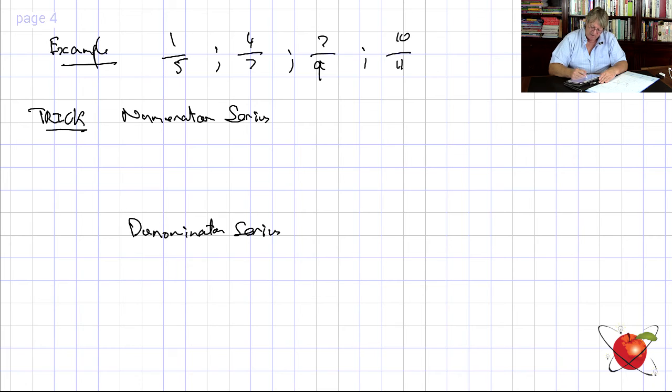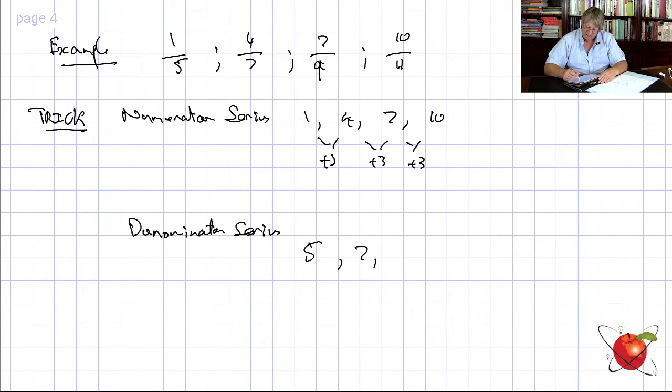So numerator series 1, 4, 7, 10. Can you see it? There it is. It's plus 3 each time. And my other denominator series is 5, 7, 9, 11. Is plus 2, plus 2, plus 2.